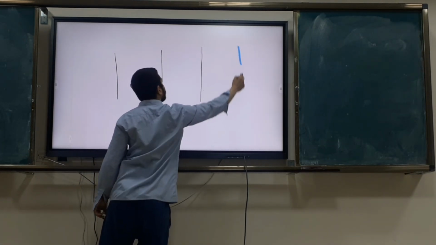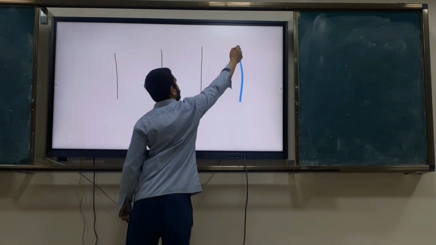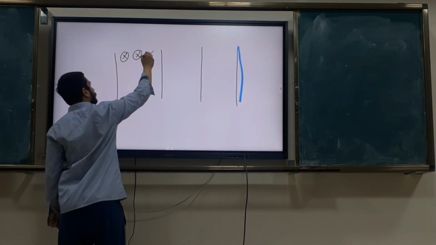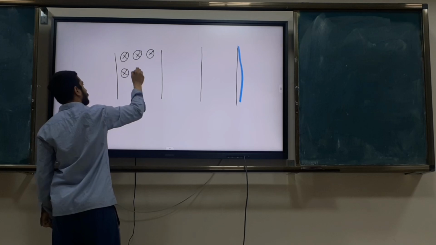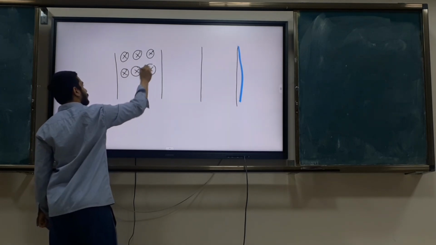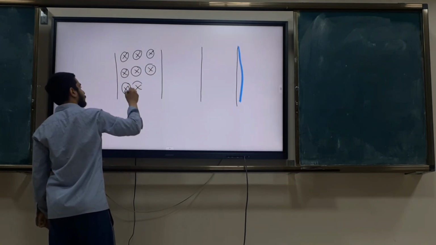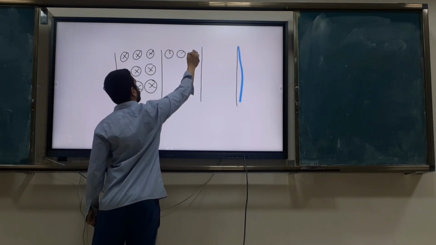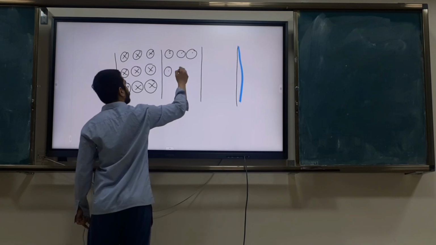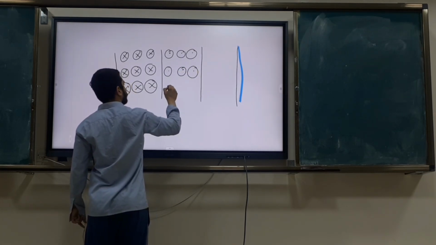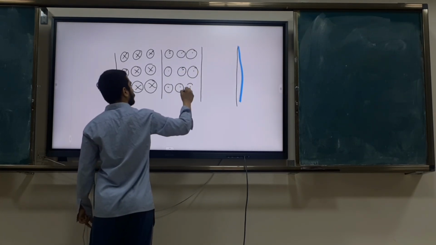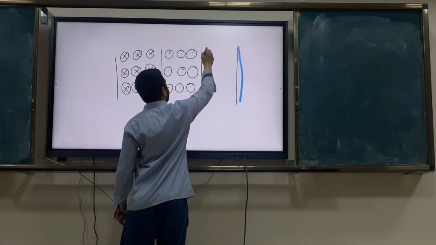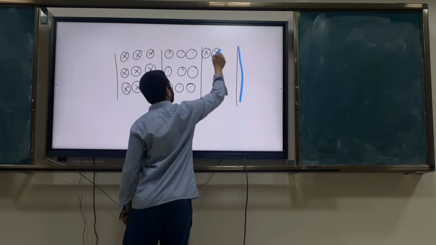What is the trajectory here? Here the magnetic field is inside, here the magnetic field is outside, and here again the magnetic field is inside.